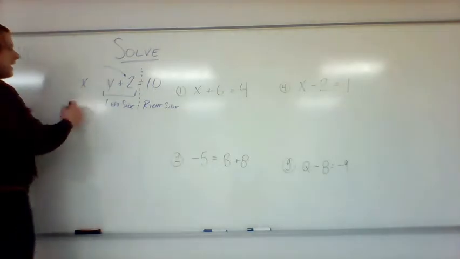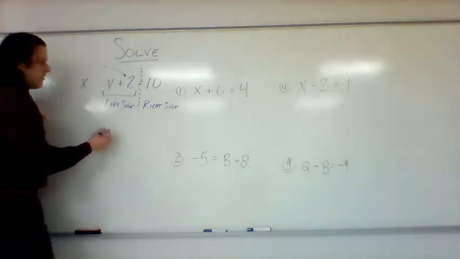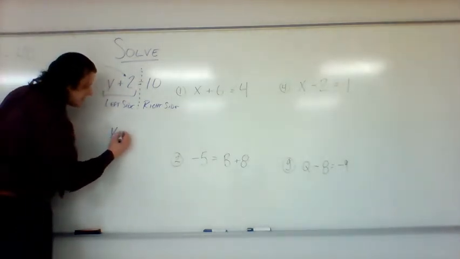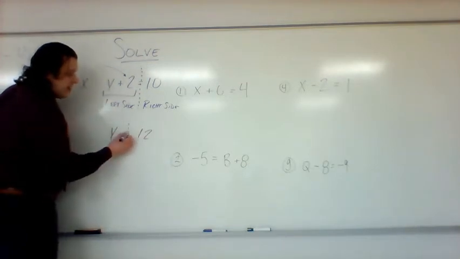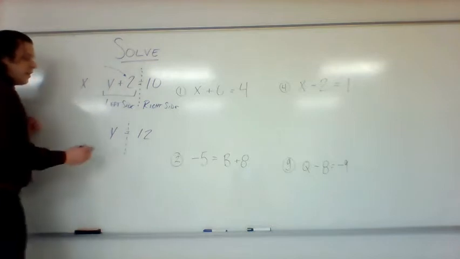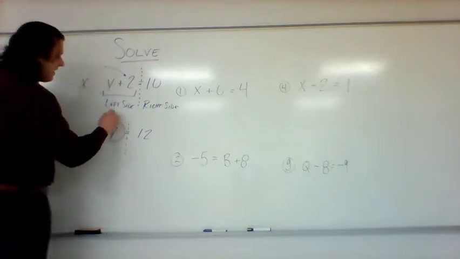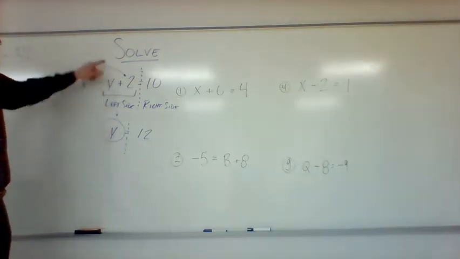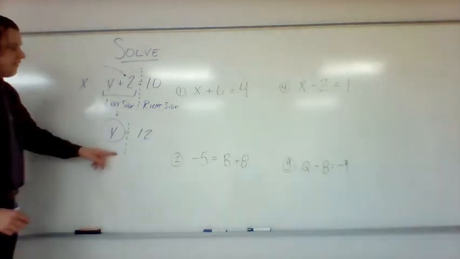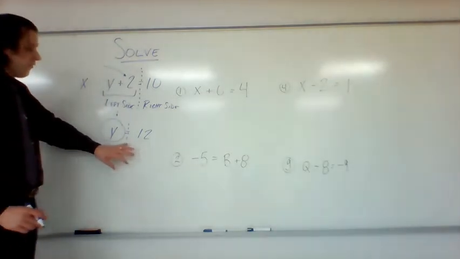But if I wrote an equation that said y equals 12, there's only one thing on the left side, and that thing is the variable. So this variable is by itself right now. There's nothing else over here.